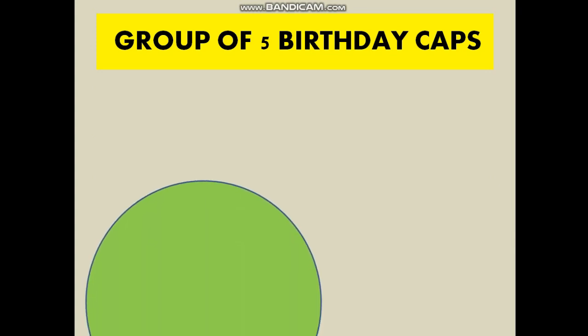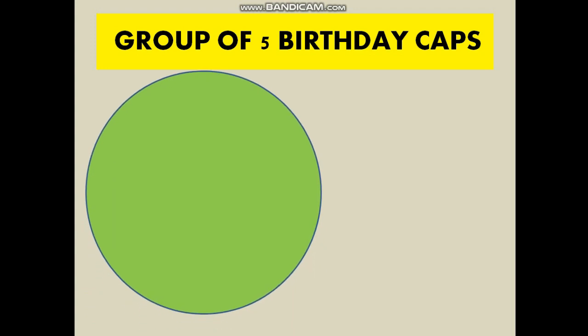First of all, I have taken this circle in which I am going to keep all my birthday caps. What we do is, whenever we are making the group, we put that number of objects in the circle so that the group is visible.